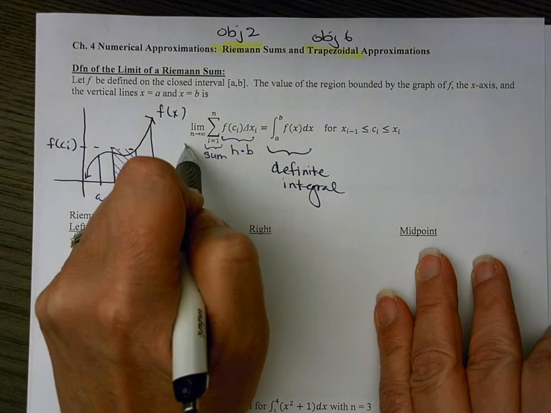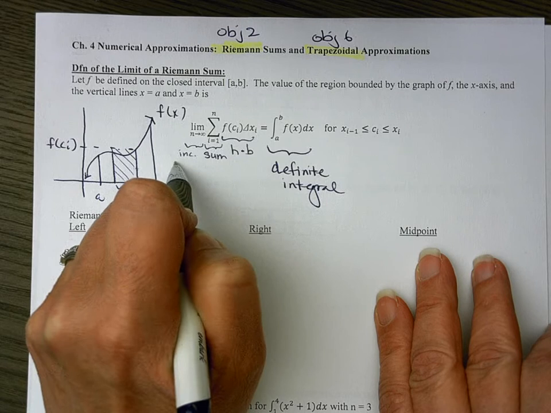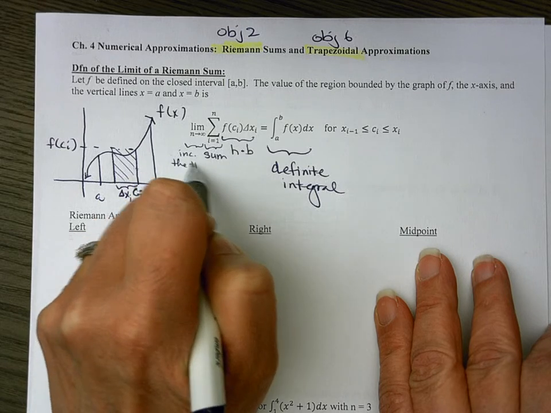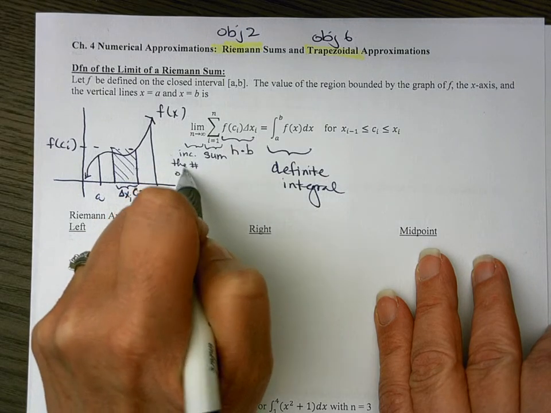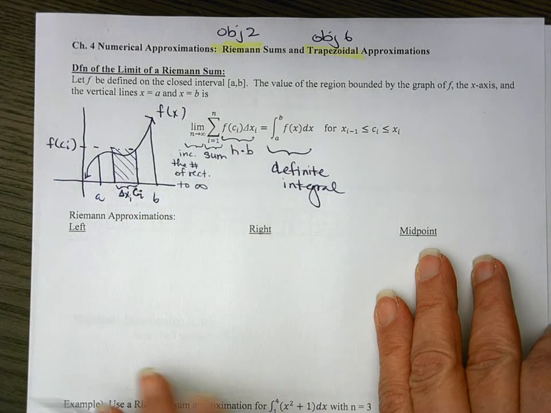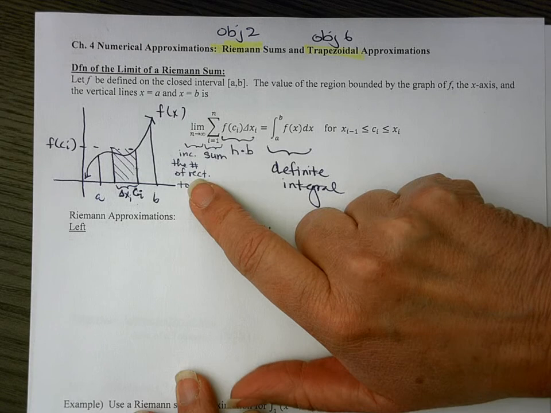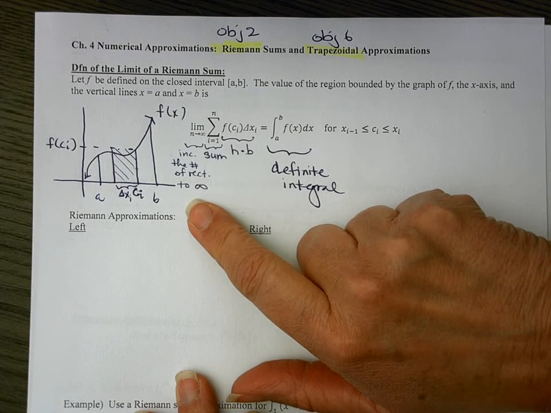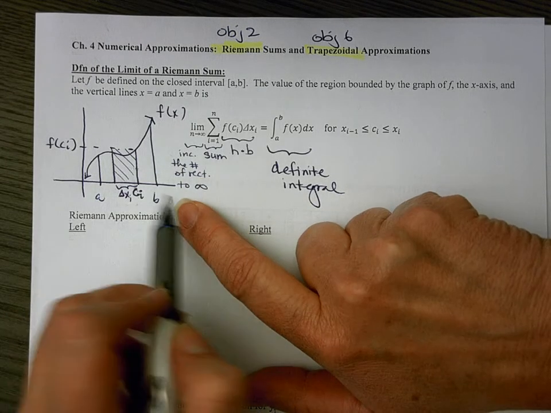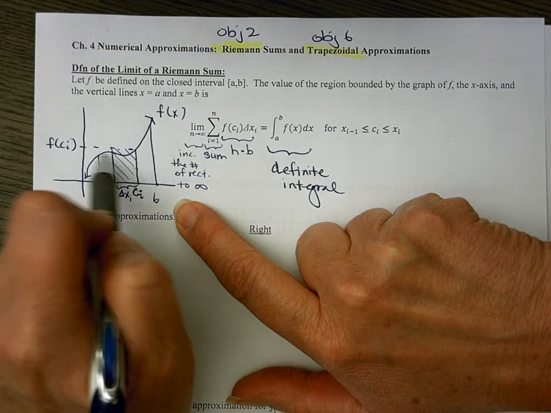And this portion right here says to increase the number of rectangles, the n meaning the number of rectangles or intervals, to infinity. Right now, if I look from A to B, I have only 3 intervals that I drew out.